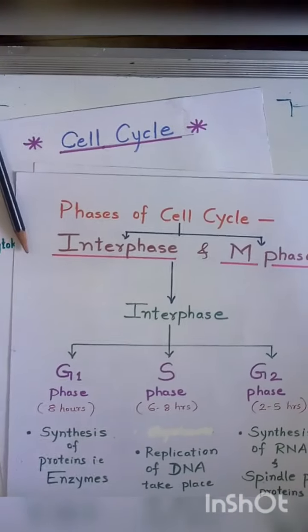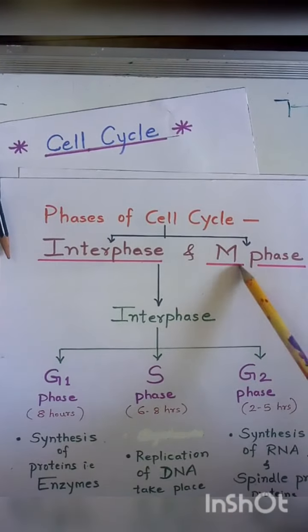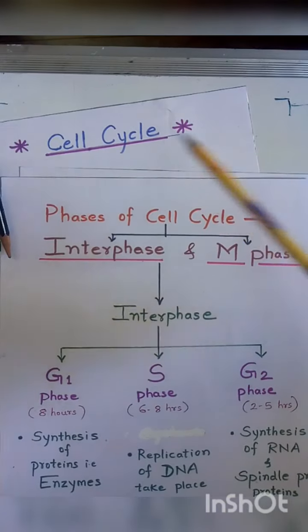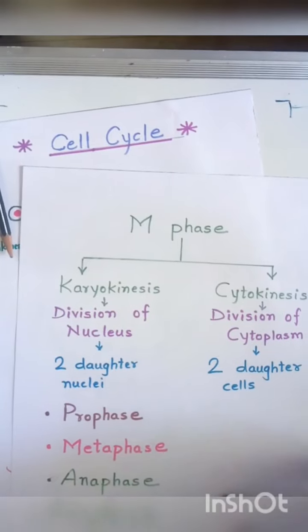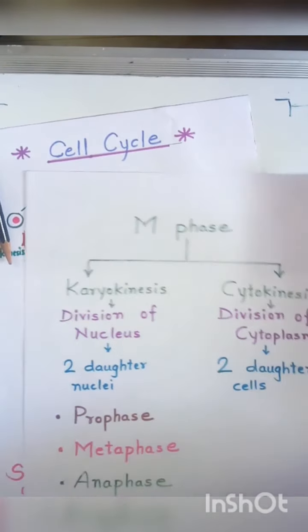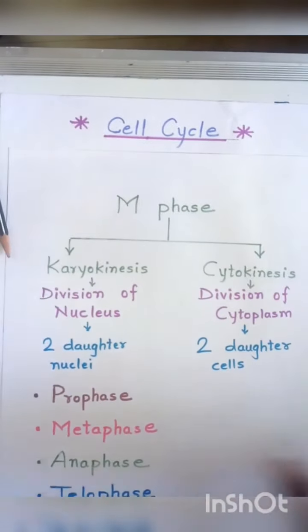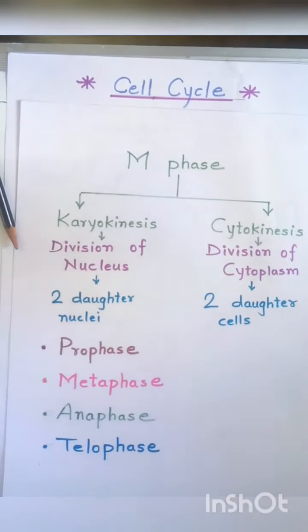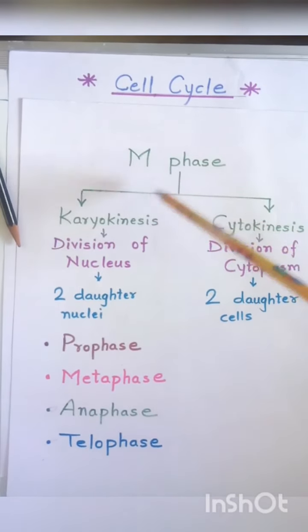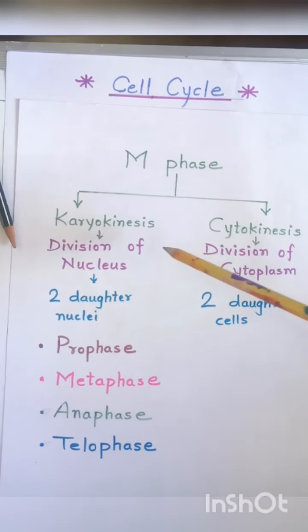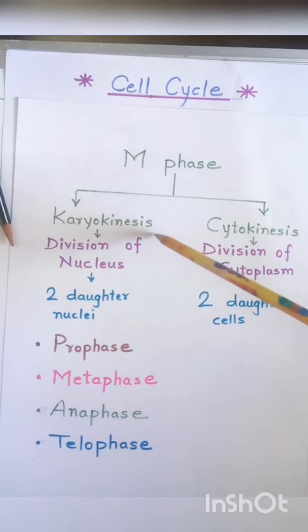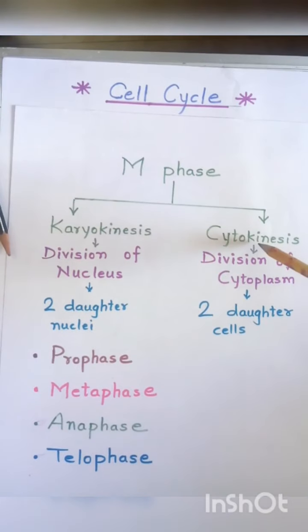So now we have to see the M phase of cell cycle. The M phase of cell cycle is further divided into two stages, that is karyokinesis and cytokinesis.